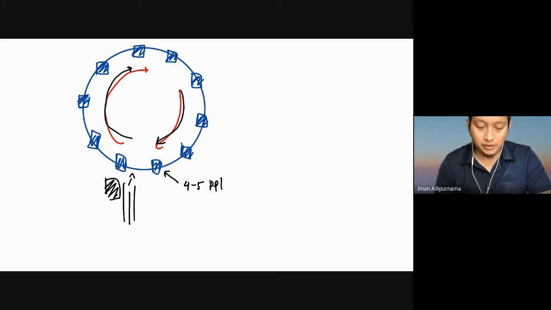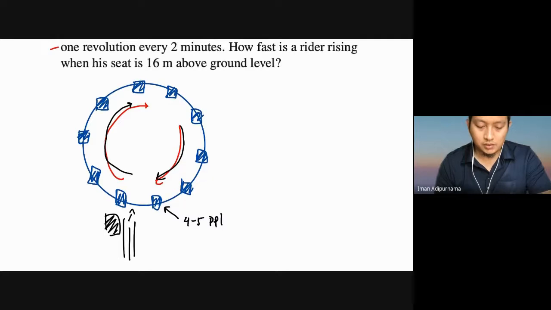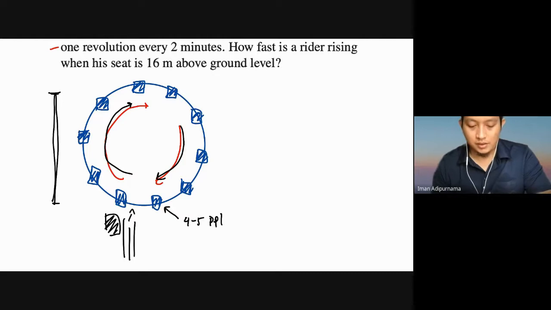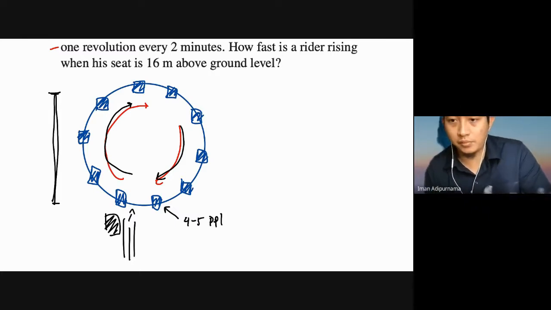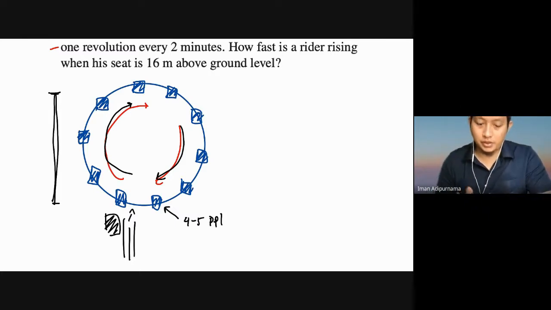The Ferris wheel takes you to some height, maybe you take some photos from this height, and you can view most of the amusement park from the top. So this is the Ferris wheel. I hope you are familiar with this.